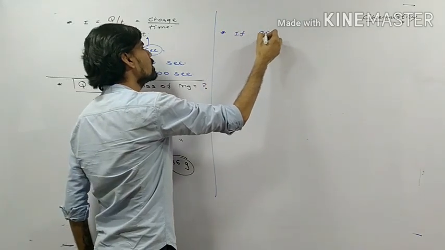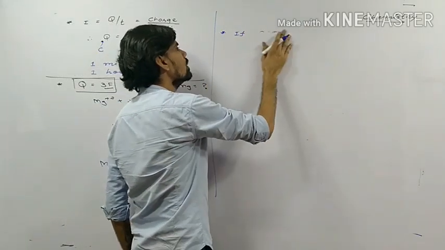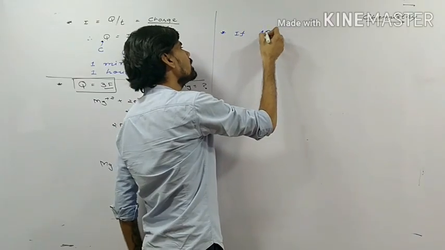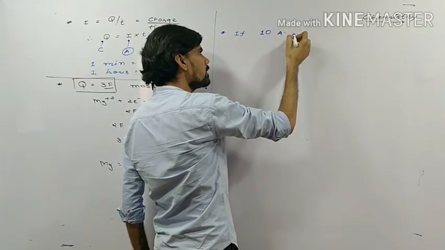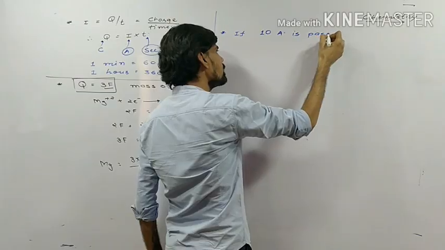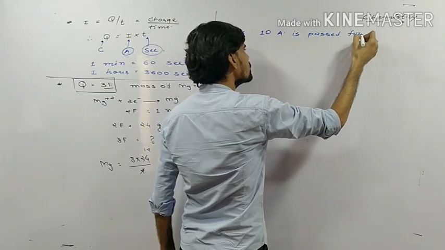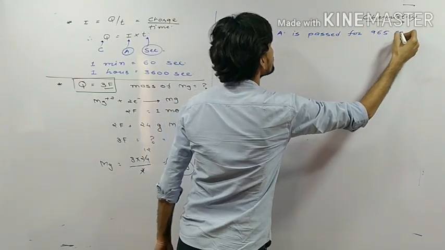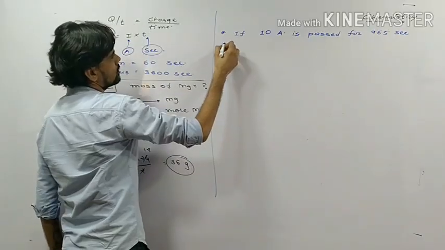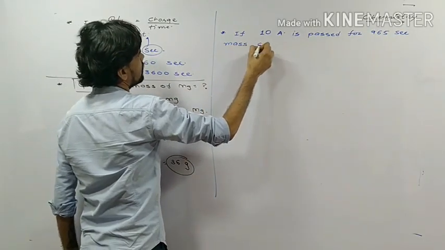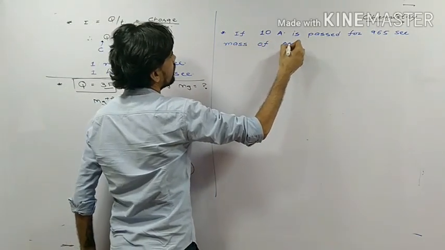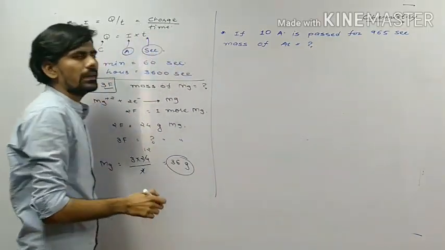If 10 ampere electric current is passed for 965 seconds, find the mass of aluminum we get.